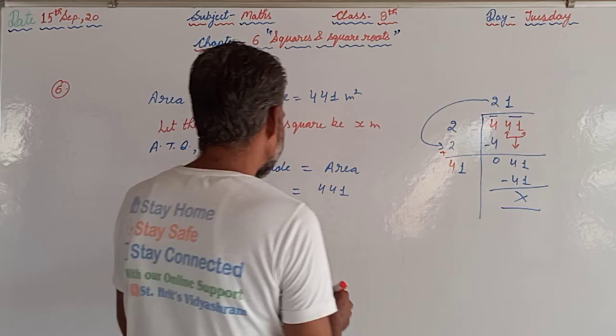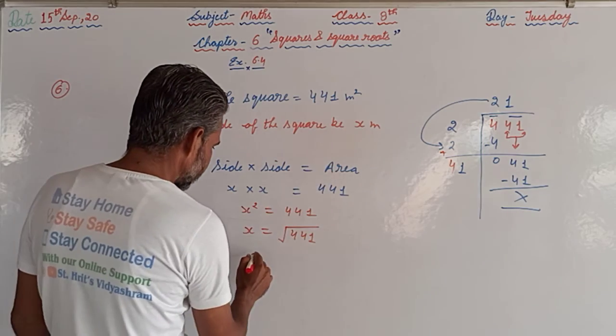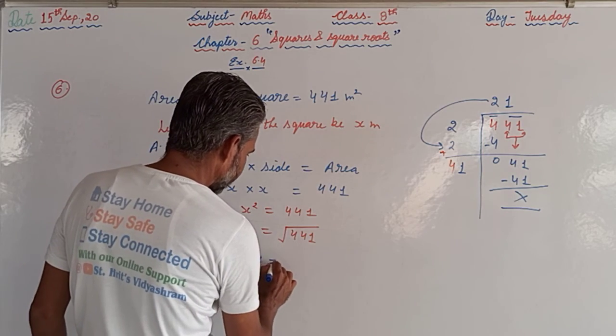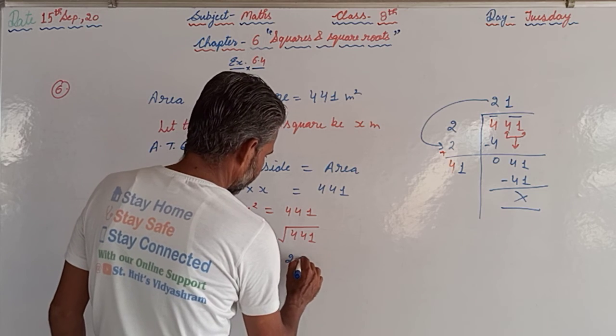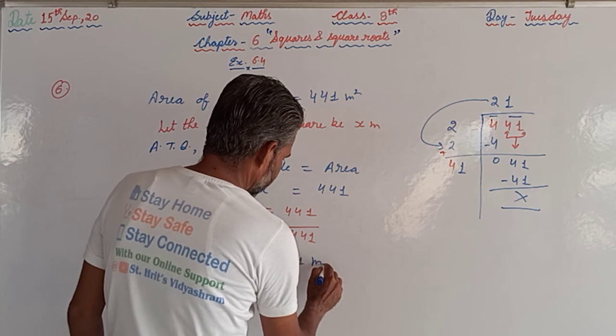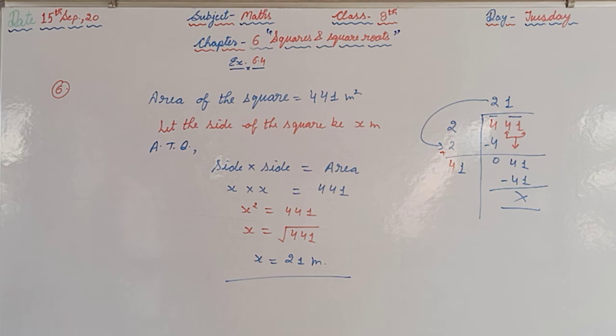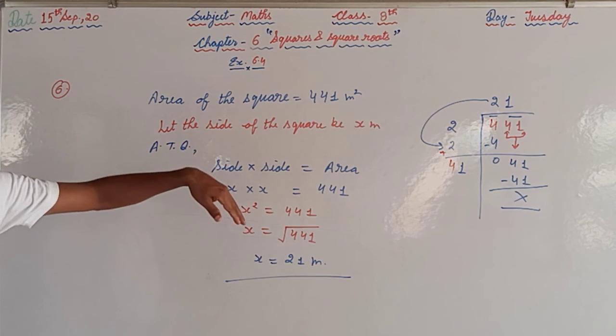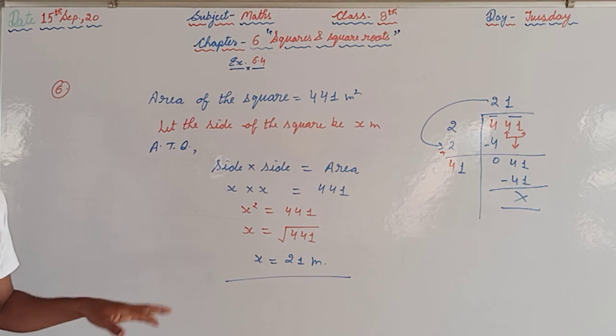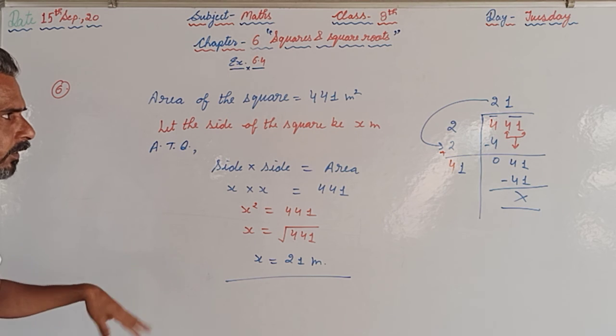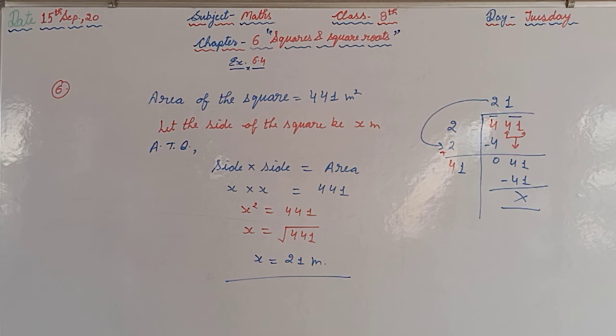So the square root of 441 is 21. So the value of x will be 21 meters. So if the area of any square is given, that is 441, the side of that square will be 21 meters. So like this we are supposed to proceed.